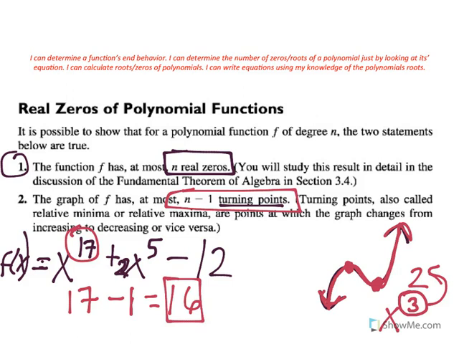So pause this video, jot that down in your notes because you're definitely going to want to know that. I'm going to ask you some questions on your next test about how many turning points your graph has. You've got a graphing calculator, that would be an extreme help as well, especially if I ask you to find the turning points.